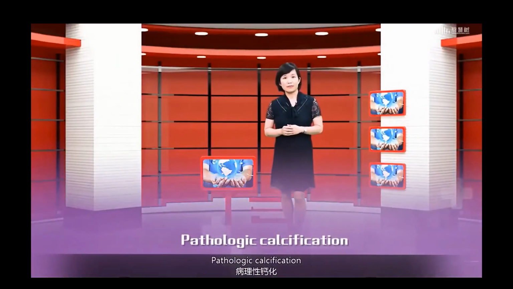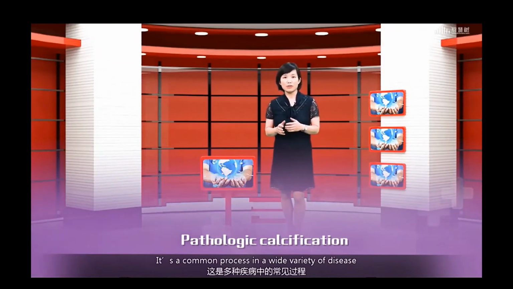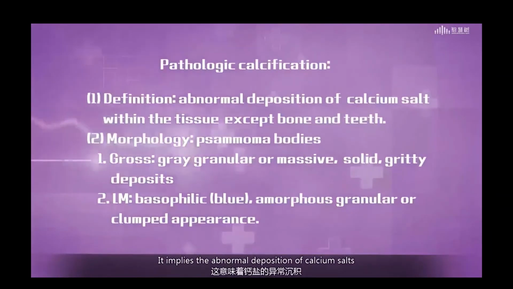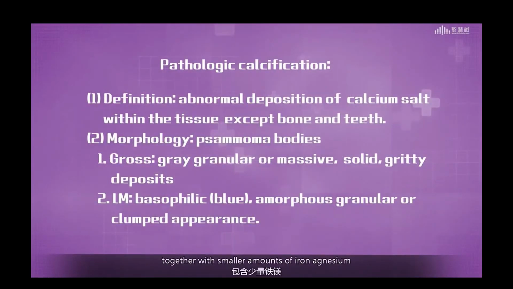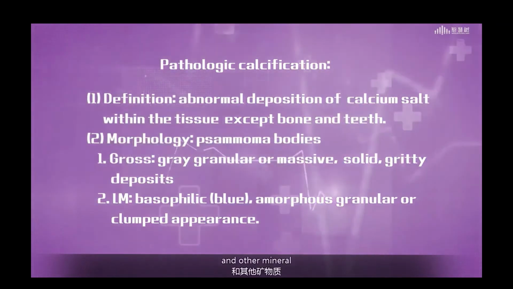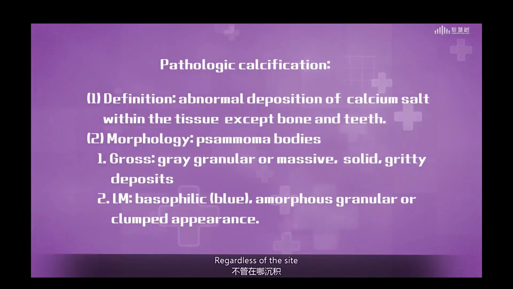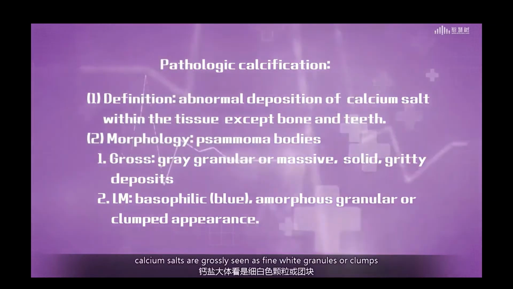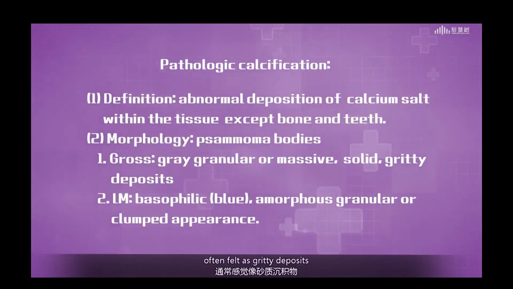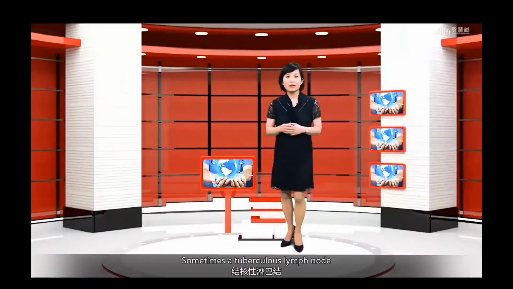Pathologic calcification. This is a common process in a wide variety of diseases. It implies the abnormal deposition of calcium salts, together with smaller amounts of iron, magnesium, and other minerals. Regardless of the site, calcium salt is grossly seen as fine white granules or clumps, often felt as gritty deposits.